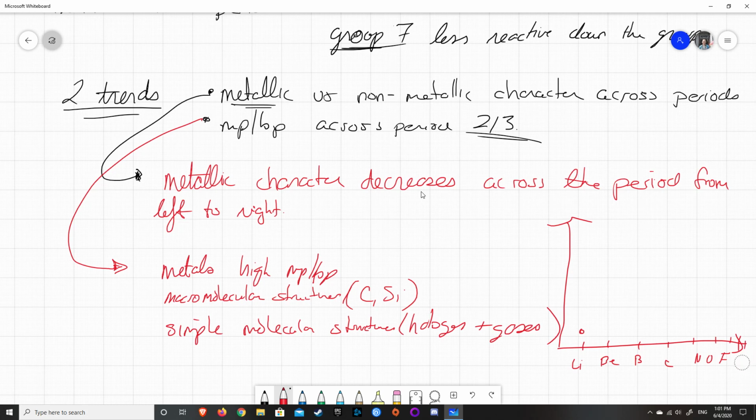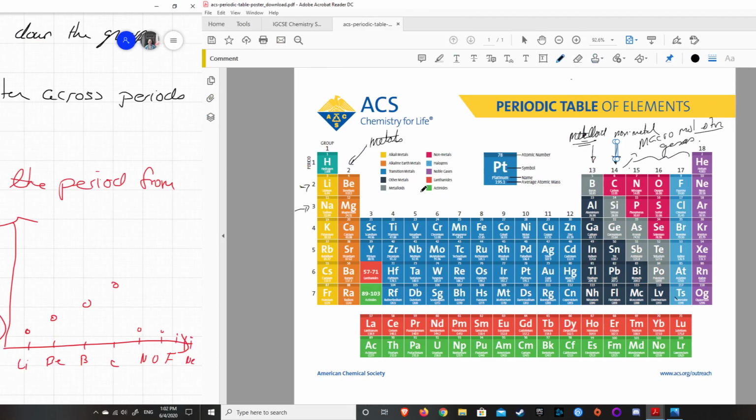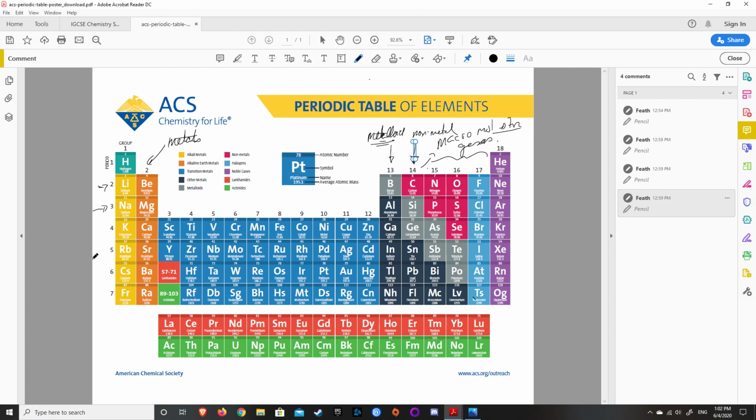If we were to look at the boiling points, they go up, up, up, up, and then they crash. So the trend that I want you to see here in the periodic table is we go from metallic to giant molecular to simple molecular. Remember, we only need to know periods 2 and 3.